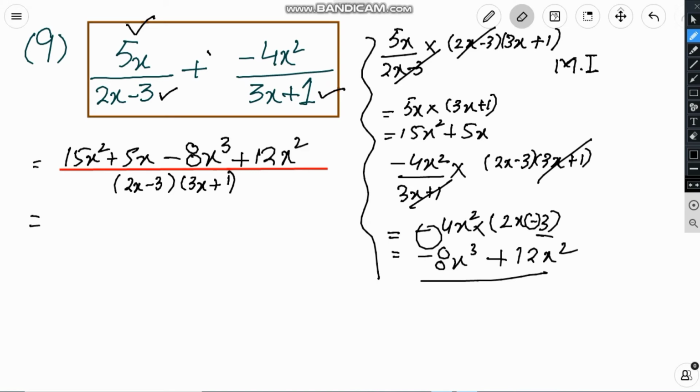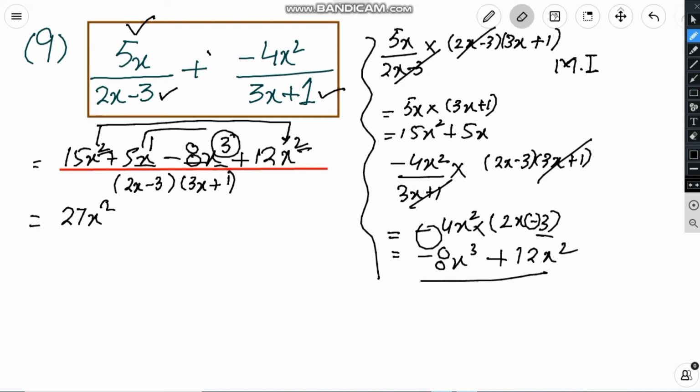Now you know very well that only similar terms can be simplified. It means that you can add or subtract only the terms that have the same power of their variable. Okay, now 15 plus 12 becomes 27x square. Now as you can see here 5x has power 1 and here it is x to the power 3.